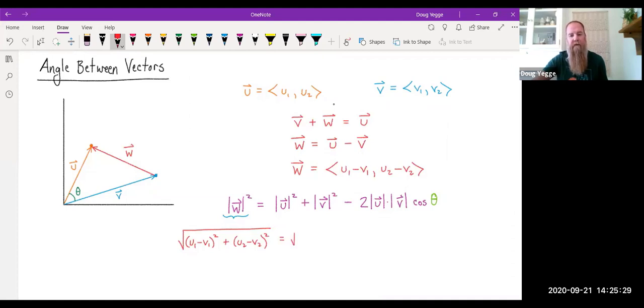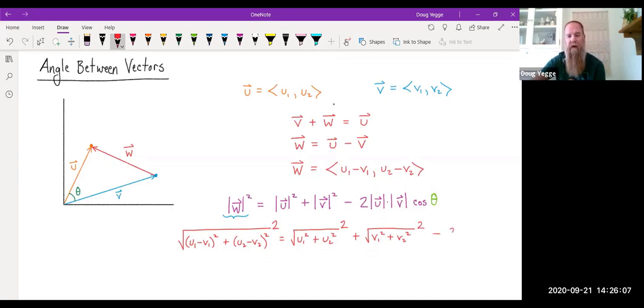And if I replace the magnitude of u over here, that gives me the magnitude of u squared, which is the square root of u1 squared plus u2 squared, but notice that I'm also squaring that quantity. And then I use the magnitude formula for v, which is the square root of v1 squared plus v2 squared. But I'm supposed to find the magnitude squared, so I'm squaring that as well.